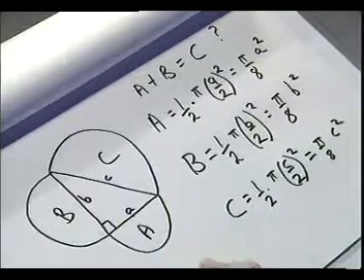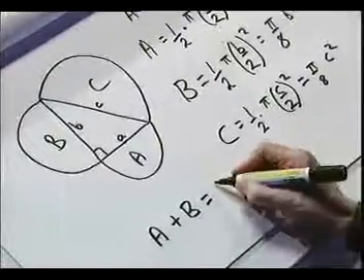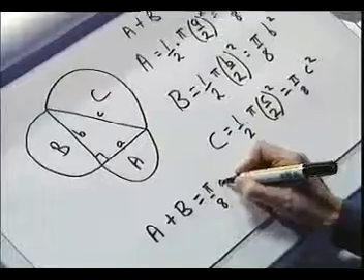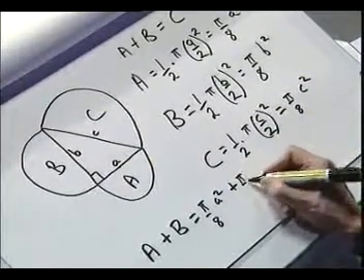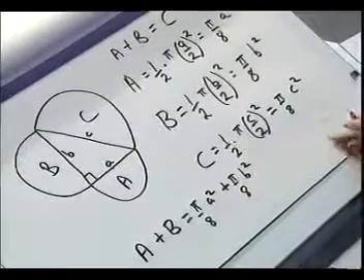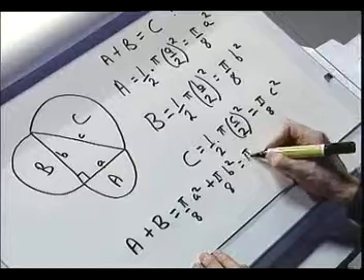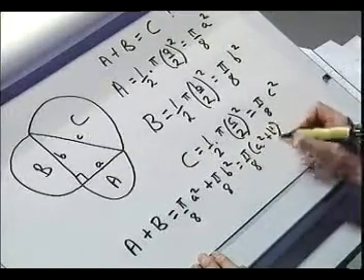So let's add these together, a and b, and see what we get. A is pi over 8 a squared. B is pi over 8 b squared. And there's a common factor here of pi over 8 we can take out, leaving us with a squared plus b squared.